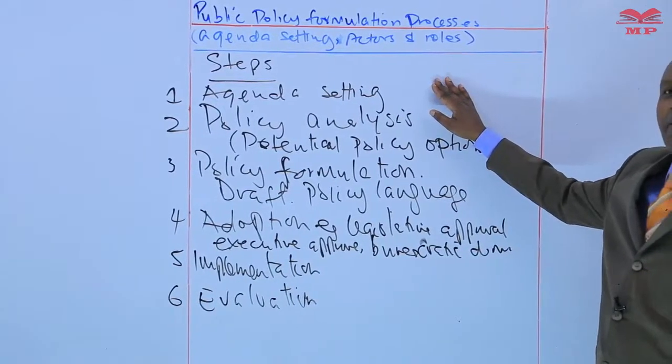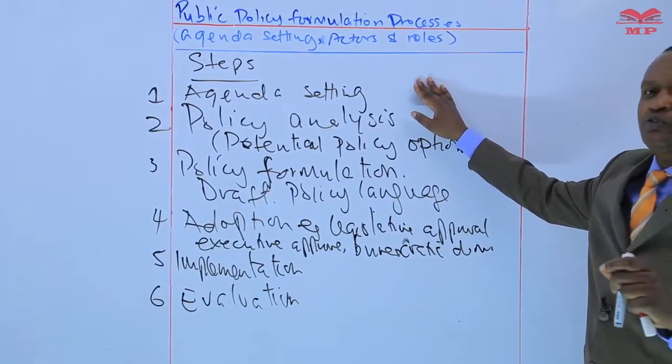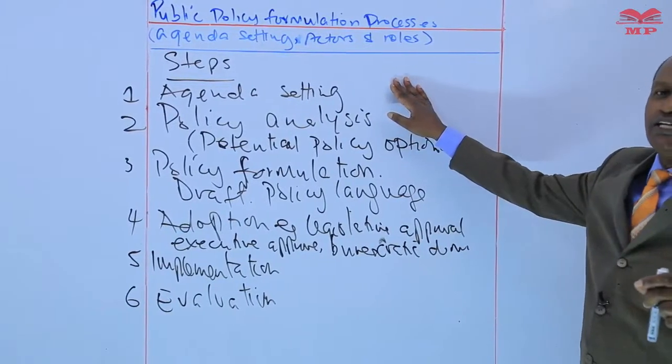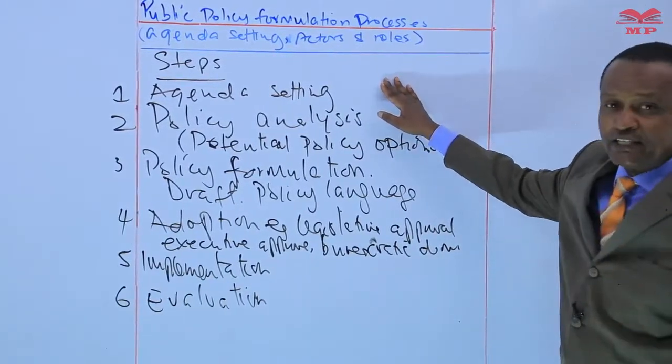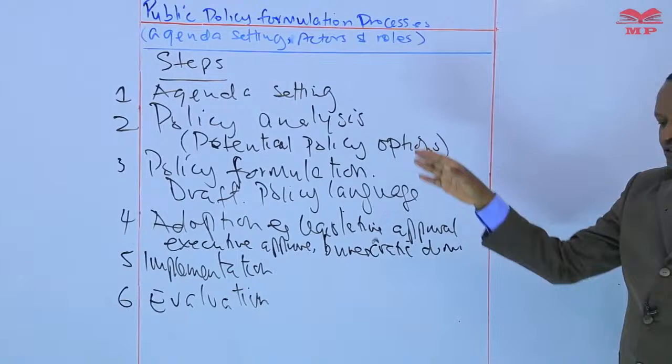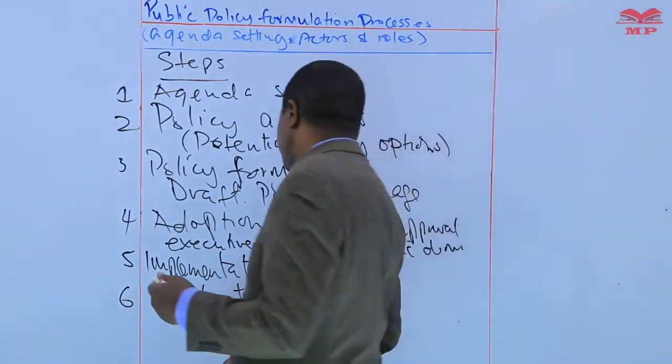Policymakers must do what? Must evaluate the effectiveness of the policy in achieving its goals. And that may involve monitoring.